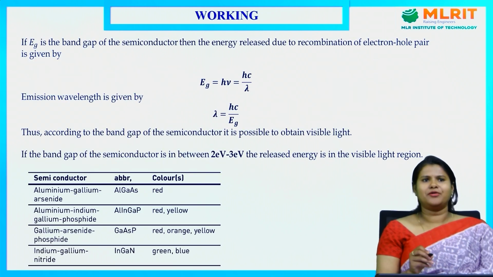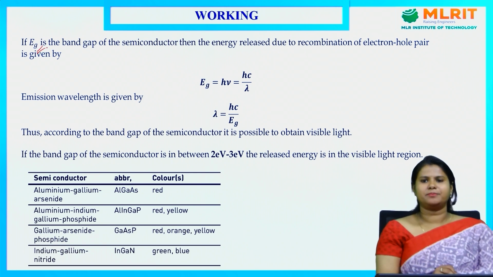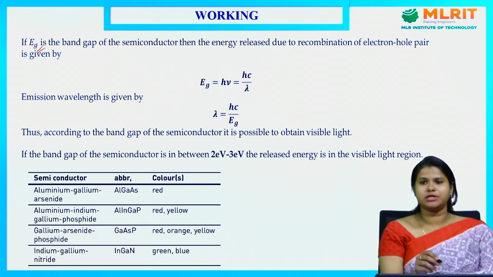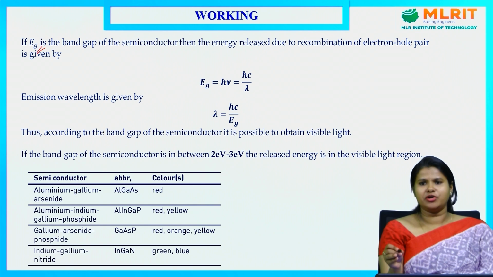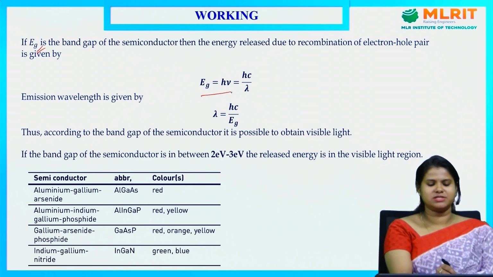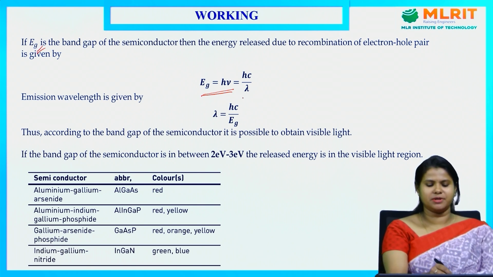Now let us consider Eg as the band gap of the semiconductor we are using to construct a particular LED. When the electron hole pair recombines and energy is produced, this band gap will be equal to the energy h nu. h nu is nothing but hc by lambda, because nu is equal to c by lambda.